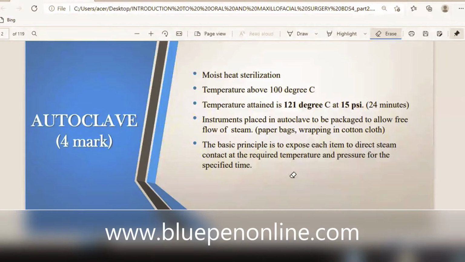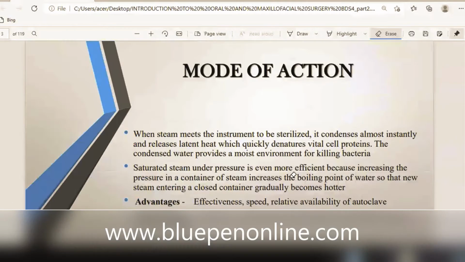Okay. So the mode of action, when the steam meets the instrument to be sterilized, is that it releases latent heat there. This latent heat will go and act on the instrument, and it will denature the vital cell proteins of the microorganisms present on that instrument. We know this instrument will be completely covered with microorganisms, right? So these microorganisms will get killed due to this latent heat, which is released in this autoclave machine.